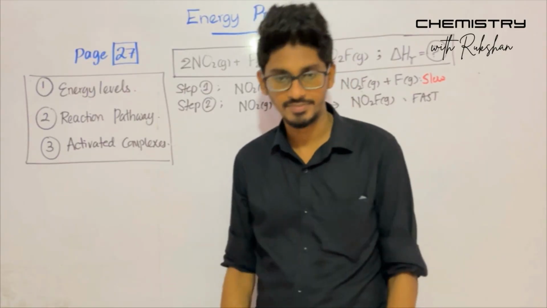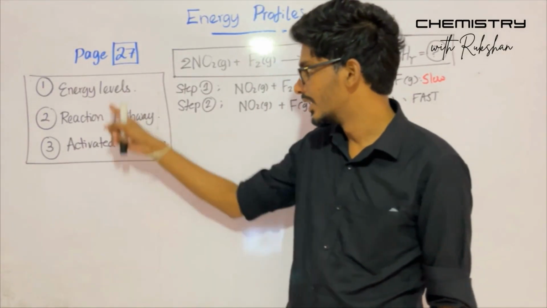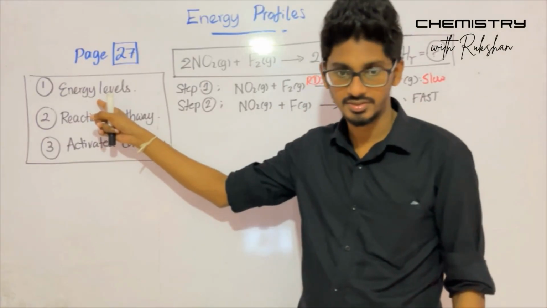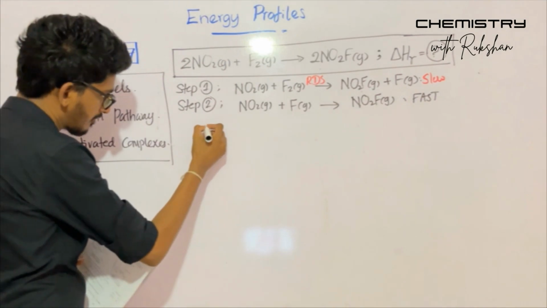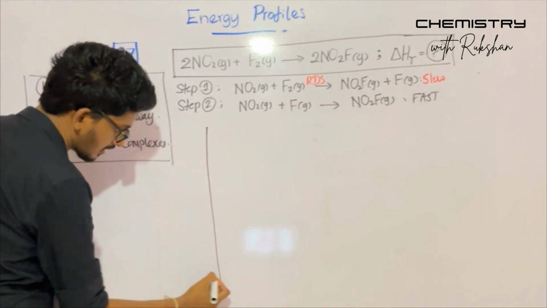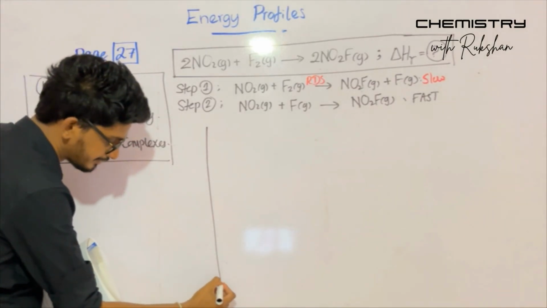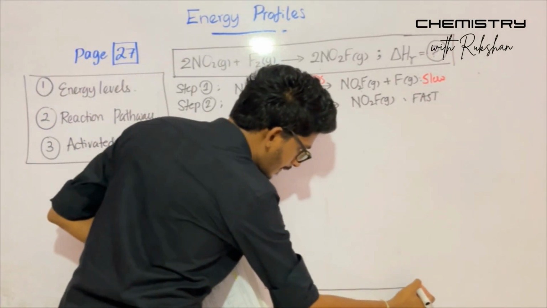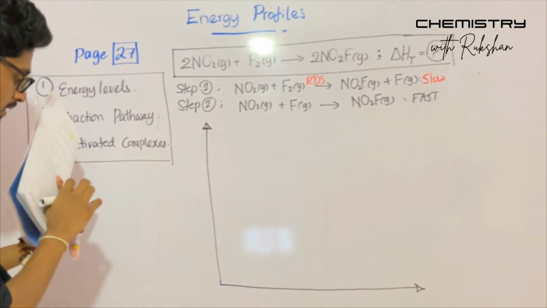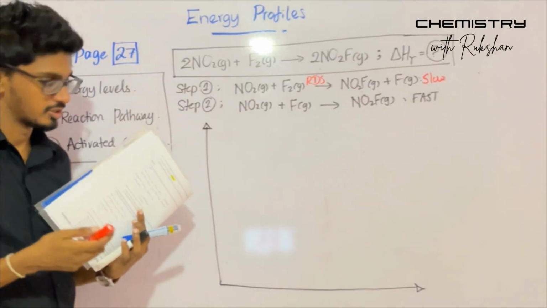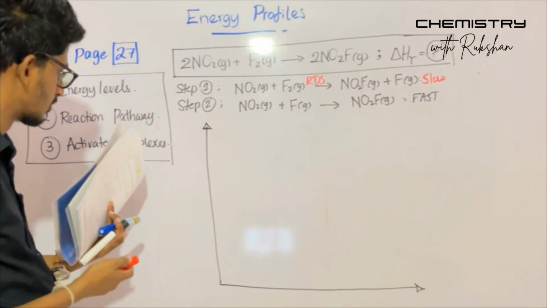First thing to follow, we have to come up with the correct energy levels, right? See how to do that. It's like this. This is the energy profile, right? When it comes to an energy profile, the two coordinates, two axes, should be marked.